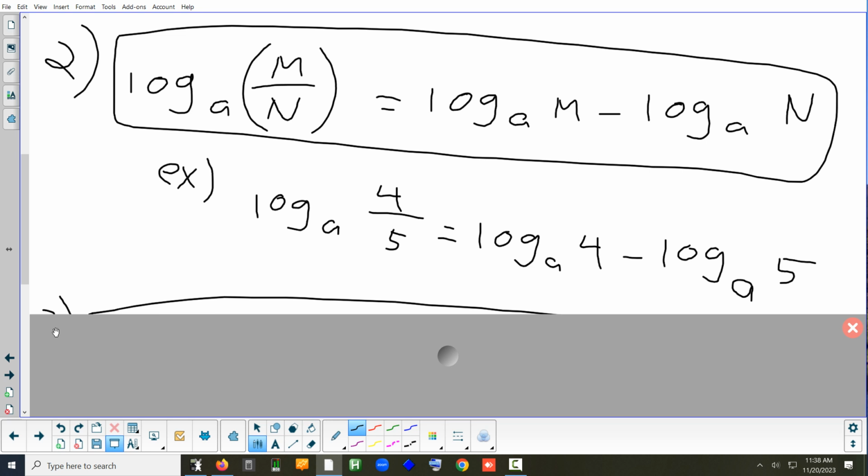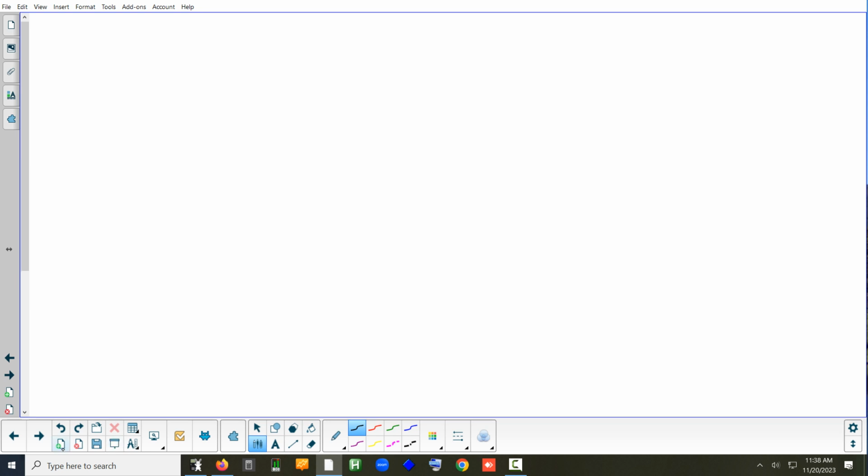So, the last property I want to look at is this one. Let's say we had log of m cubed. Well, when we're dealing with logs, we don't want to have exponents on arguments. It's going to make things complicated. So there is a way we can get rid of this 3, though.